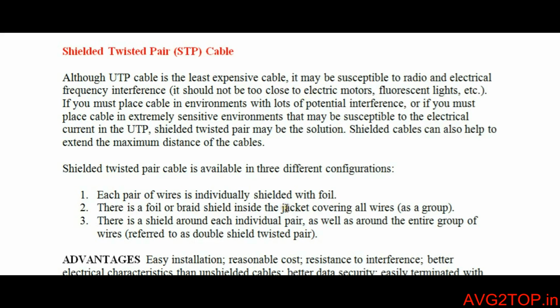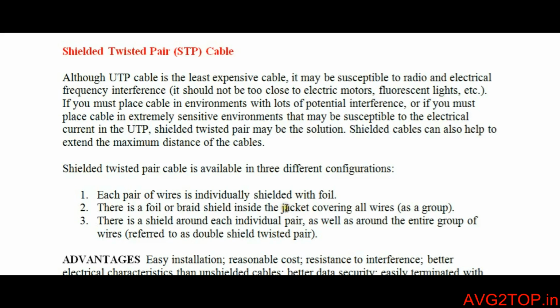That's the reason it should not be placed close to electrical motors or fluorescent lights, or in an environment with a lot of potential interference. It is extremely sensitive to electrical current.